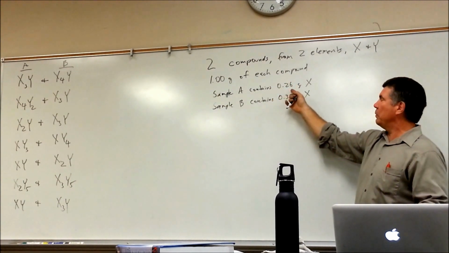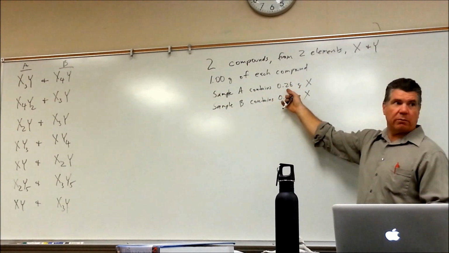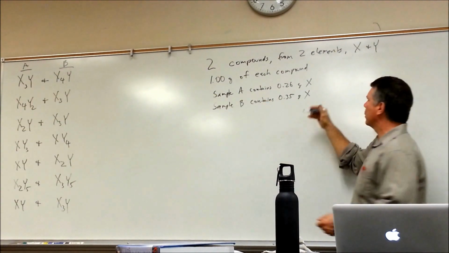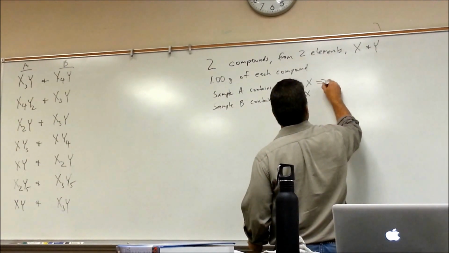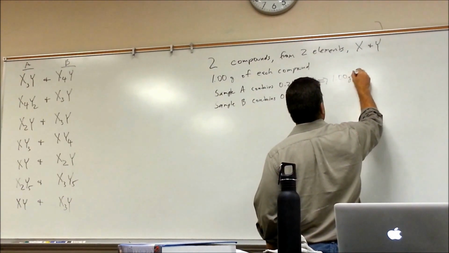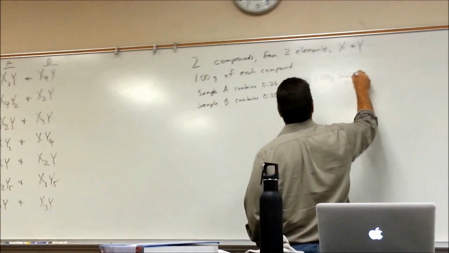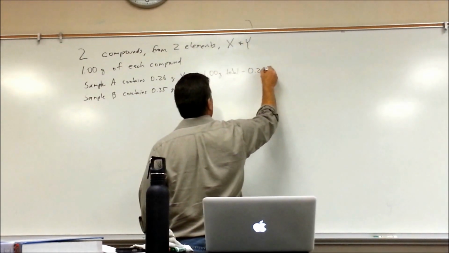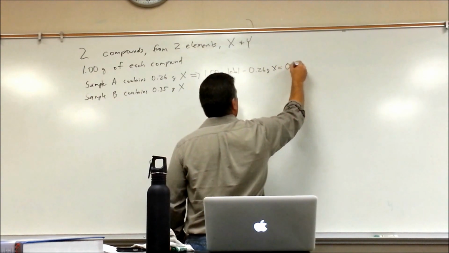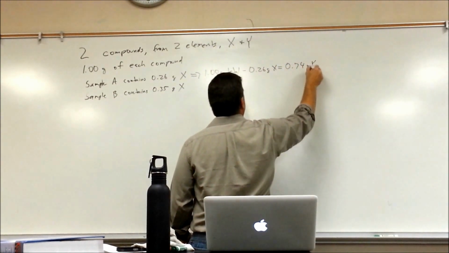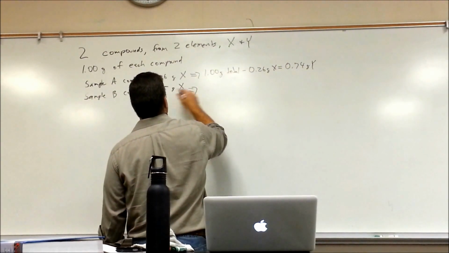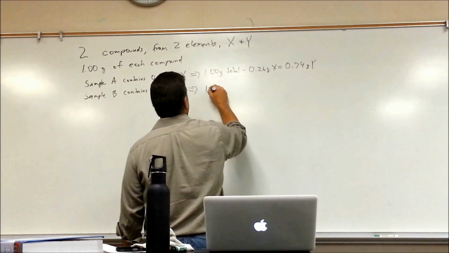So if we have 0.26 grams of X, then there's going to be 0.74 grams of Y. Same idea here, 0.65 grams of Y.